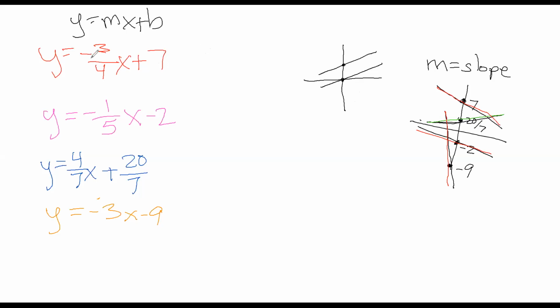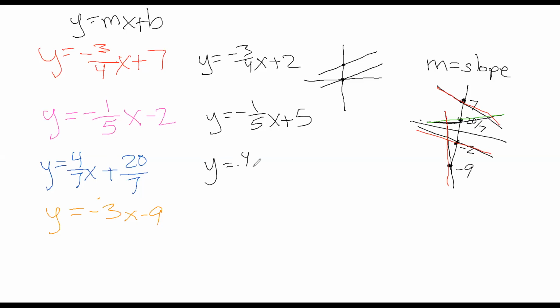So if I wanted to make an equation parallel to this, I can say y equals -3/4 x plus 2. If I want to make a parallel equation to this, keep the same slope, change the y-intercept. If I want to make a parallel equation to y equals 4/7x plus 20/7, keep the same slope, change the y-intercept.